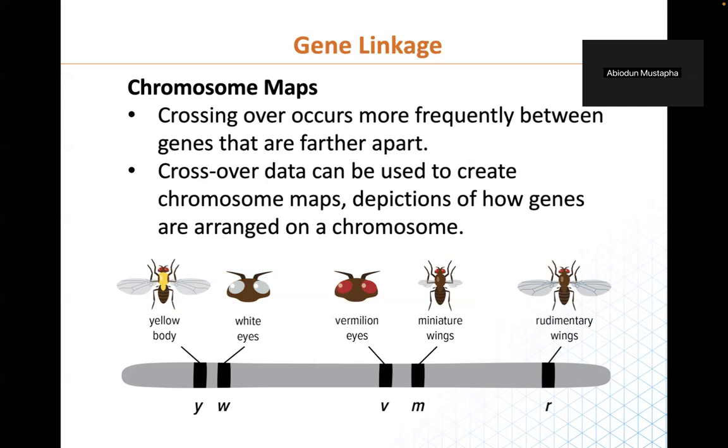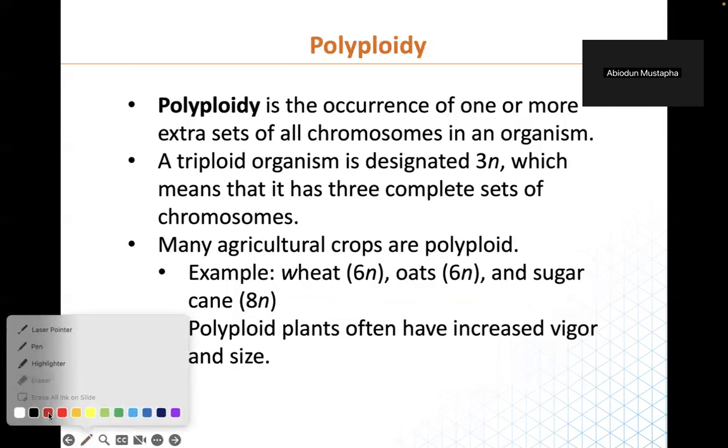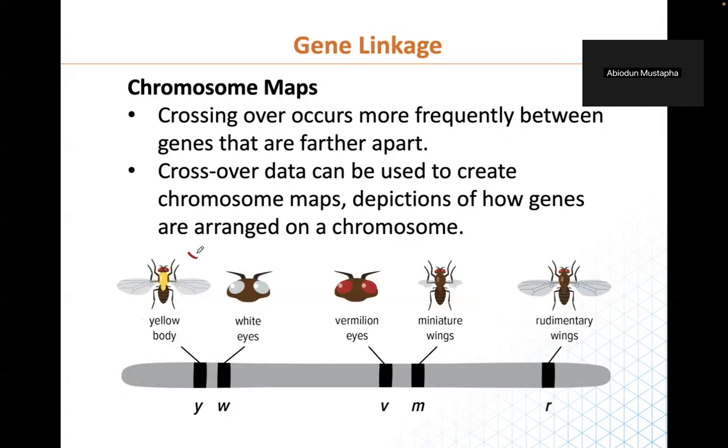We want to construct a chromosome map between the genes Y, W, V, and M. Let's say gene Y to M is equal to 25%, for example. Y to V is 20%.